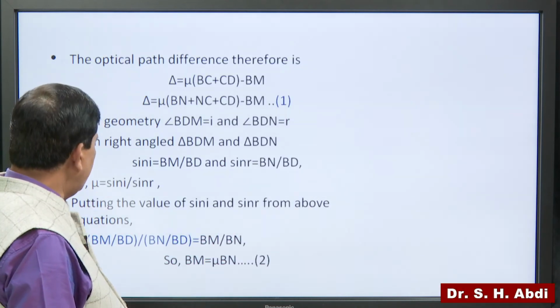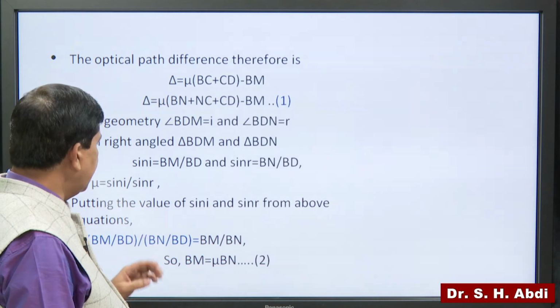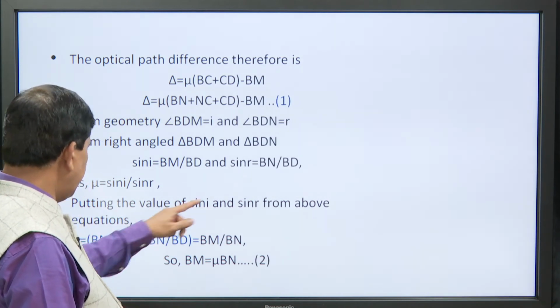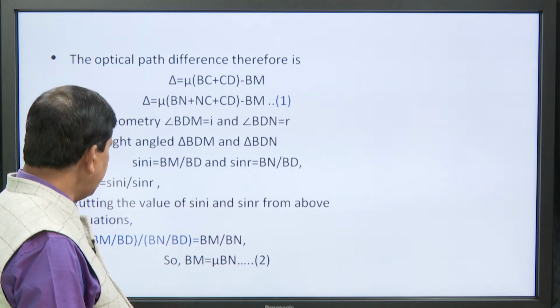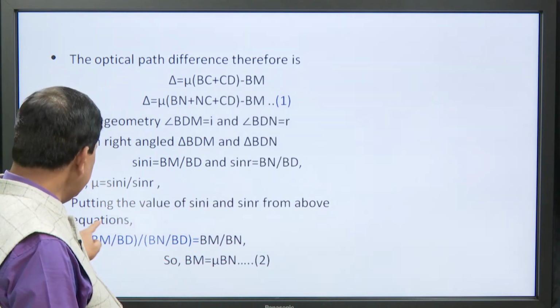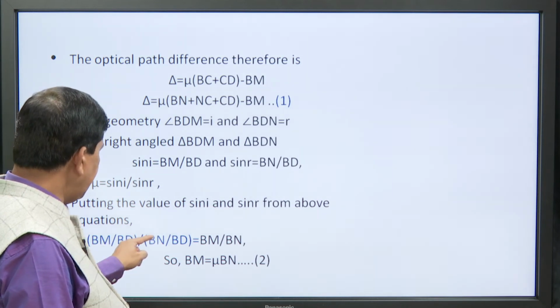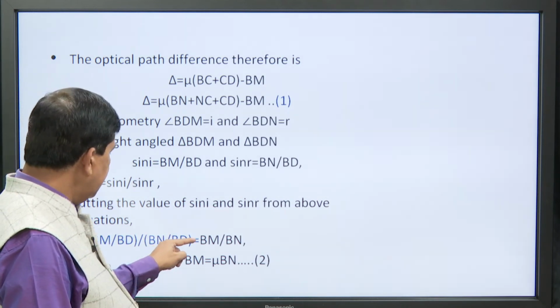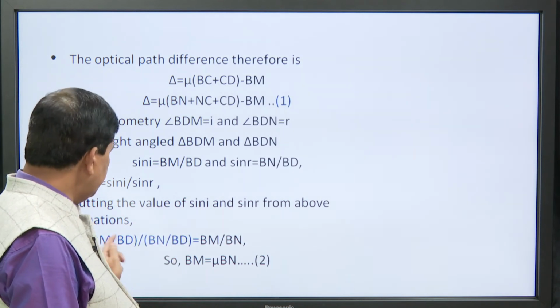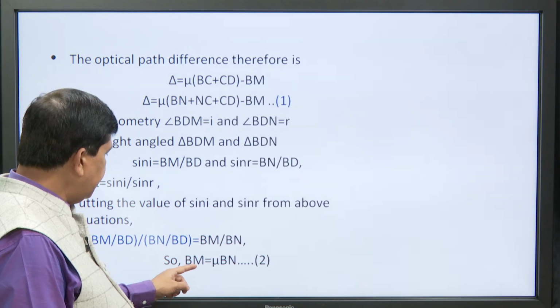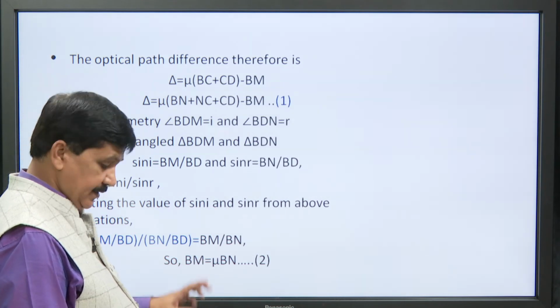As we know from Snell's law, mu is equal to sin I over sin R. Putting the values of sin I and sin R from the above equations, sin I means BM upon BD, sin R means BN upon BD. So, BD will cancel out, mu is equal to BM upon BN, or BM is equal to mu BN.